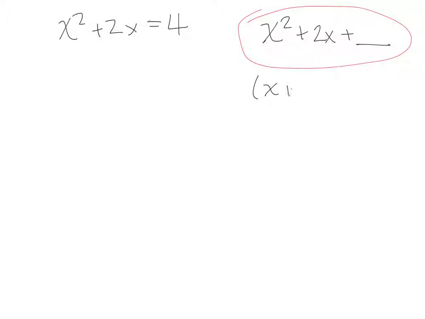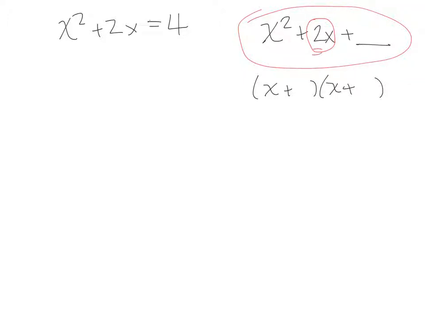In other words, it'll be x plus something times x plus the same thing. And what we're looking for is that the outers and inners, when we FOIL this out, give us this 2x right here. In other words, we want 2 x's out of it.